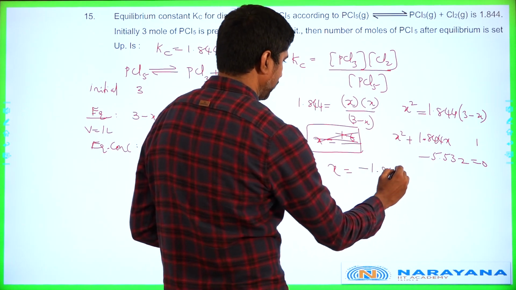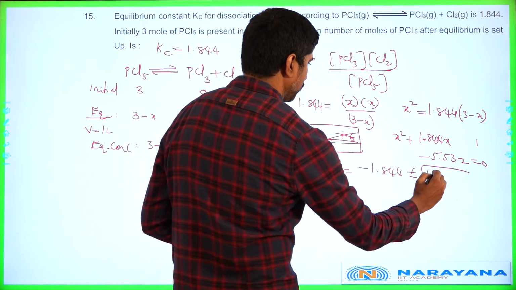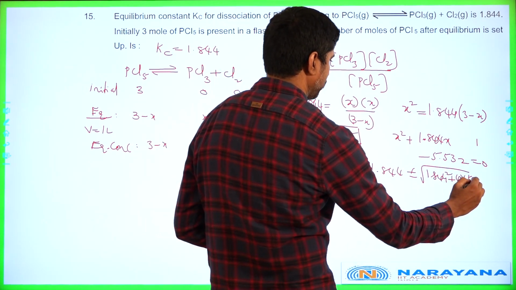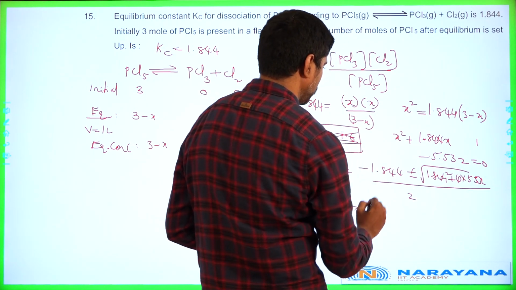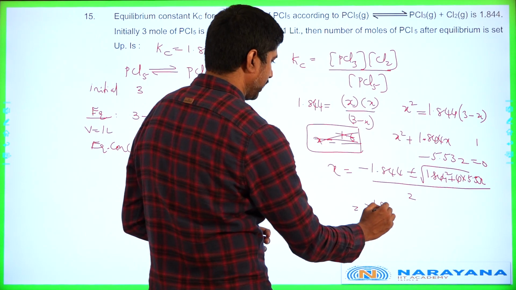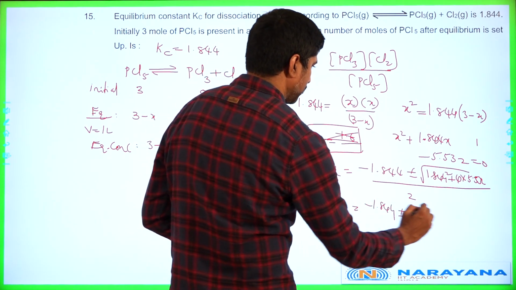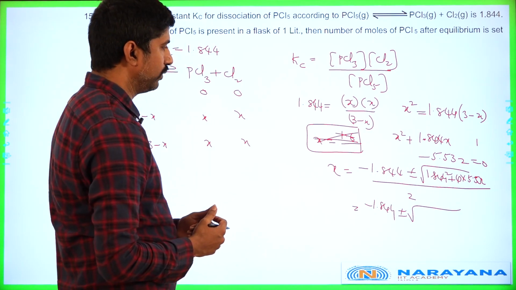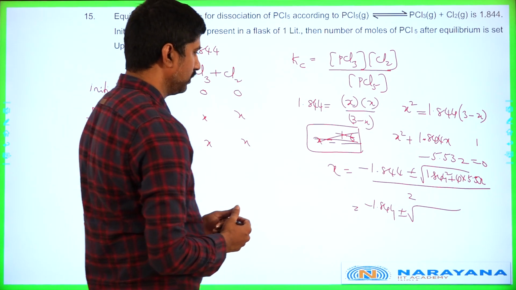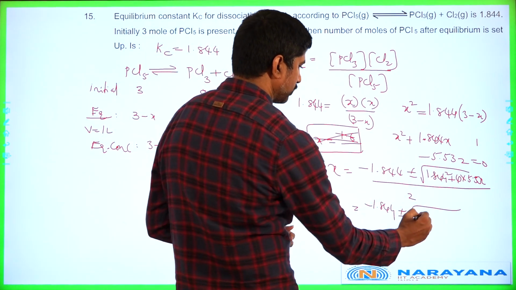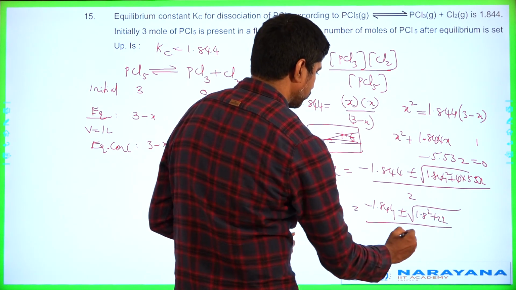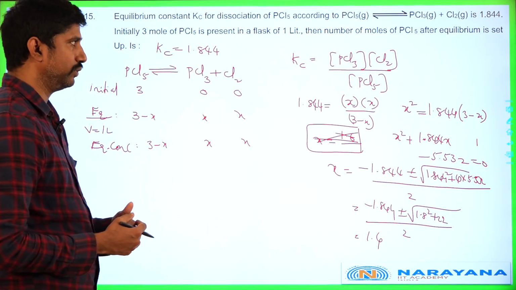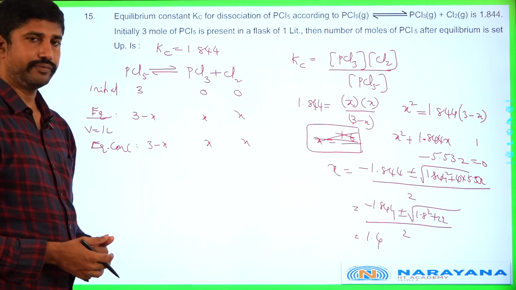So minus 1.844 plus or minus root of 1.844 whole square plus 4 into 5.532, which is approximately 22, and 1.8 whole square plus 22, divided by 2, you are going to get 1.4, not 1.6. So x is 1.4.